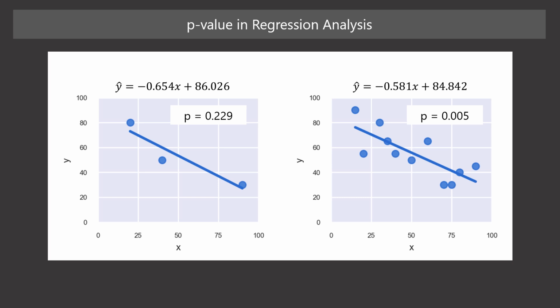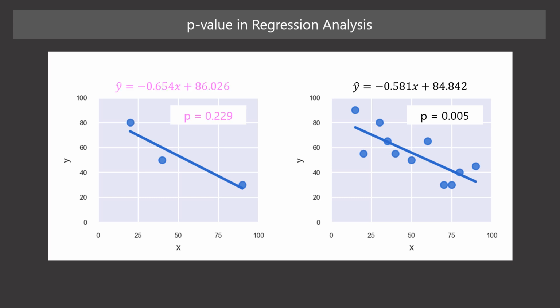So, even if the absolute value of the regression coefficient is large, the impact is meaningless if the p-value is larger than the significance level. And even if the absolute value of the regression coefficient is smaller, the regression may be meaningful if the p-value is lower than the significance level.